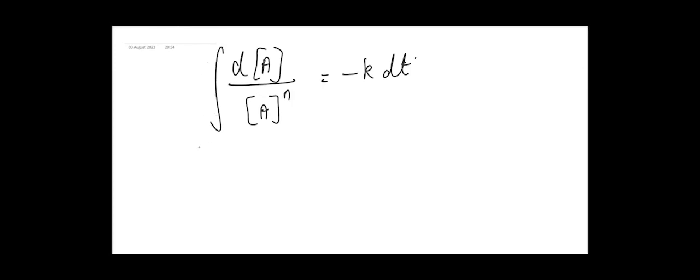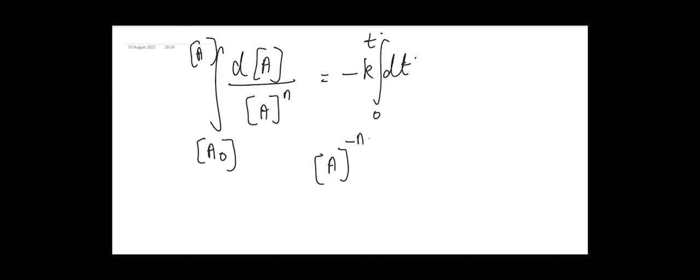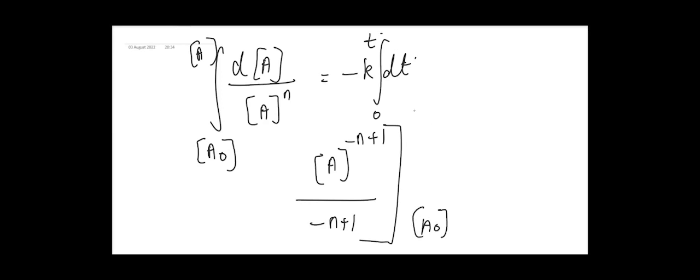Now we will integrate the same way from a naught to a and from 0 to t. Now by integrating we get a to the power of minus n plus 1 divided by minus n plus 1, and the limits are from a naught to a, that is nothing but on the other side minus k times from 0 to t.